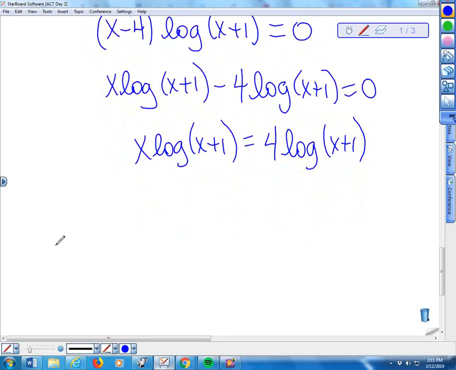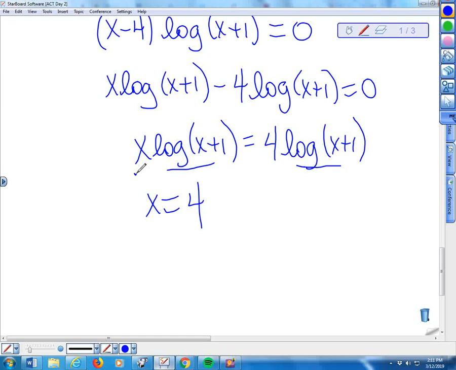So if these are the same, can I just say x is 4? Because this is the same, so x would have to be 4. What other value could x be?